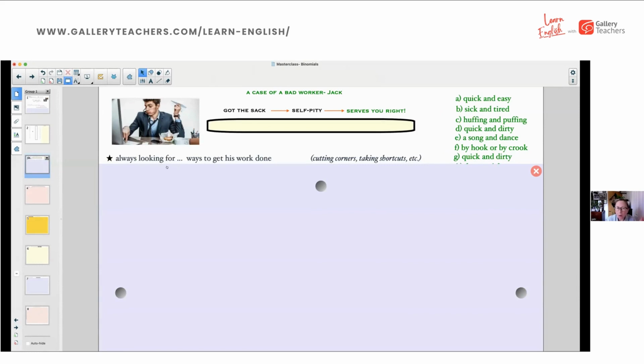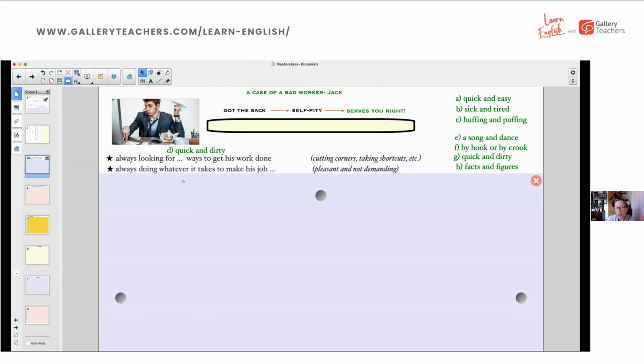He was always looking for ways to get his work done. Cut it quick and dirty, lovely Anastasia. So he was always looking for quick and dirty ways to get his work done. Quick and dirty means sloppy, cutting corners, taking shortcuts.